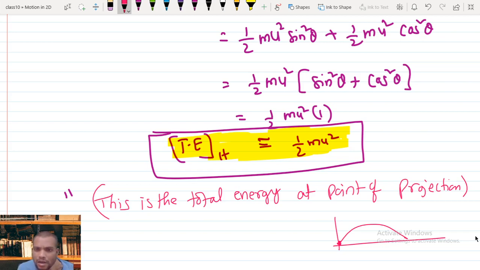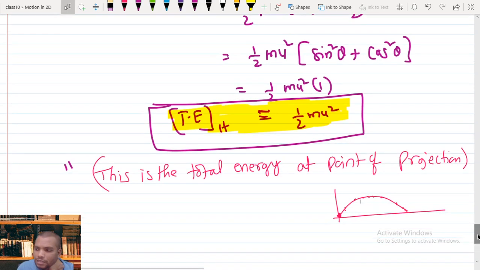Here u is the initial velocity. The same energy remains constant throughout the projectile motion. If energy remains constant throughout the projectile motion, we say it's conservation of energy. So during the projectile motion, the total energy of the projectile is conserved at all points of its motion. This is one more important point we got here.